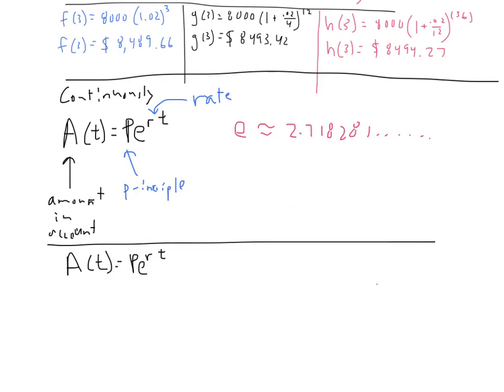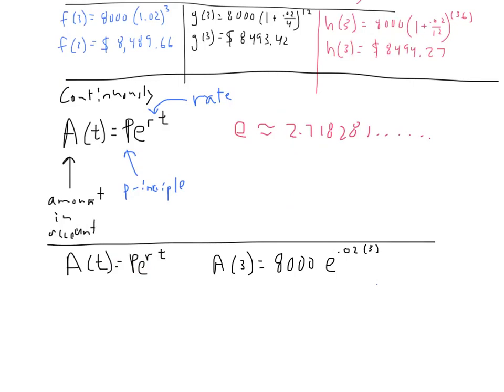So after 3 years, what would happen? A of 3 would be our principal, or our initial value, which was 8,000. That's how much we deposited, times this special number E to our rate. This was a 2% rate, so it's 0.02 times time, which was 3.